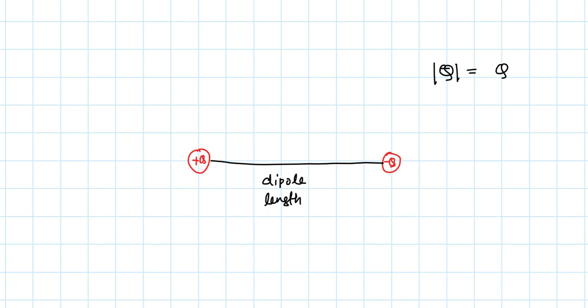Since this is a system of two charges, I would like to introduce a coordinate system to measure the positions of each charge center in the system with respect to some prefixed origin, where the origin can be conveniently fixed by any observer.